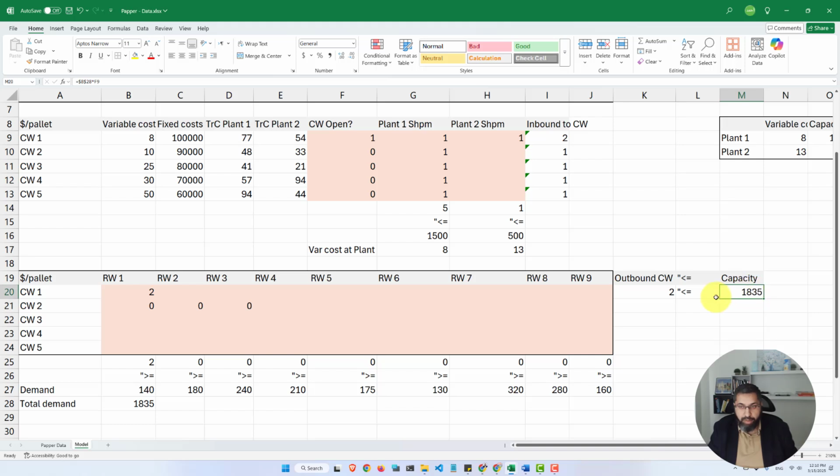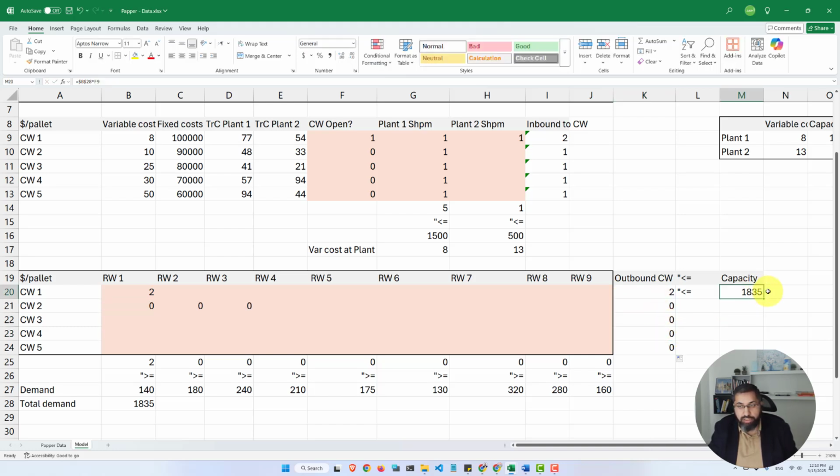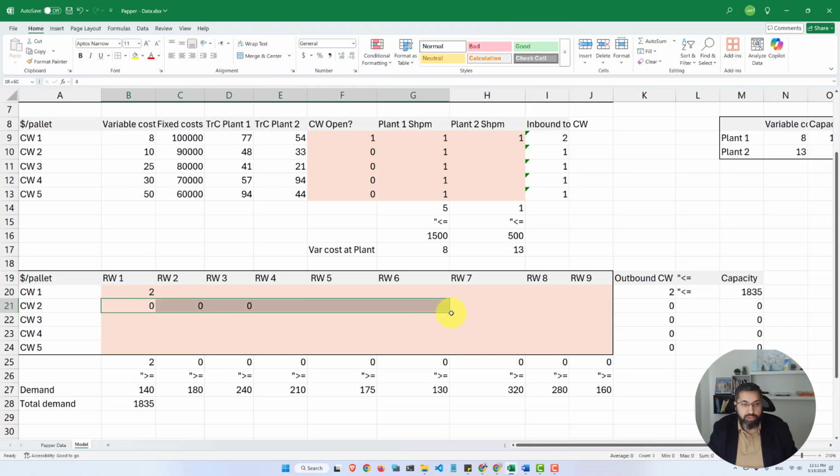So here's my capacity, and notice I can drag this down for different central warehouses, and you'll notice their capacity is 0. But if I turn them on here, the capacity goes up. If I turn them off here, the capacity goes to 0. So this is great. Whether we turn a central warehouse on or off, that'll adjust the capacity, which will force these rows to be 0 if the capacity is 0.